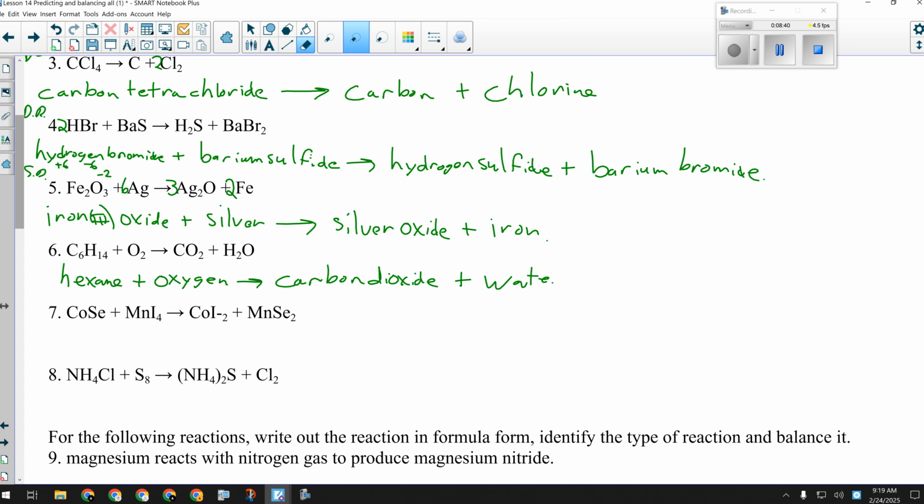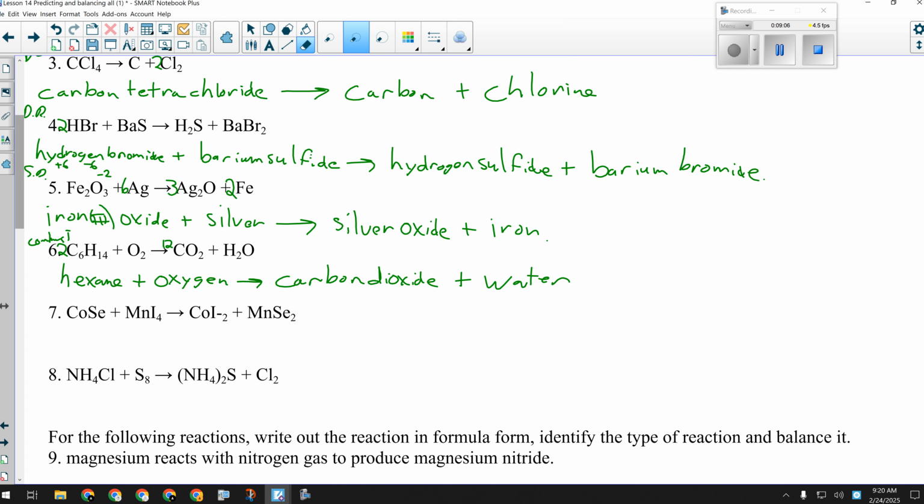As we already spoiled, this is a combustion reaction because it's carbon and hydrogen reacting with oxygen. To start the balancing, what do I need to put in front of the hexane? A 2. I need the rule of 2 here because 6 is an even number. 2 times 6 is how many? 12. So I'm going to have to put a 12 here in front of the carbon.